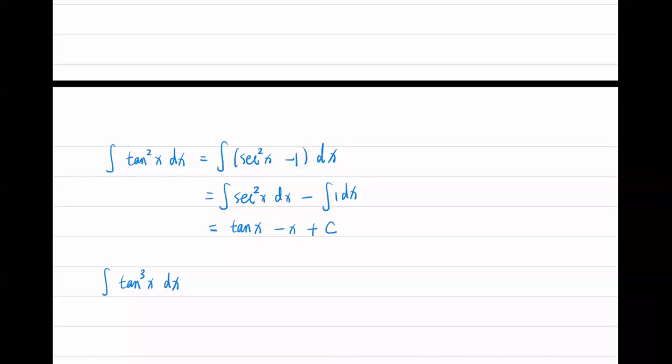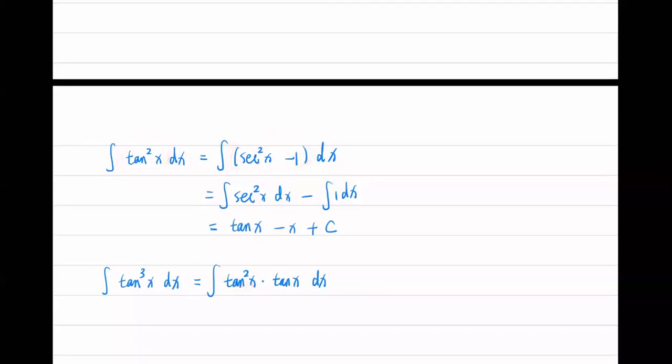Sophia, what was the trick for the cubic power? You split it. Let's try split: tangent squared x times tangent x dx. Okay, so here I will use the same trick, tangent squared is secant squared minus 1.